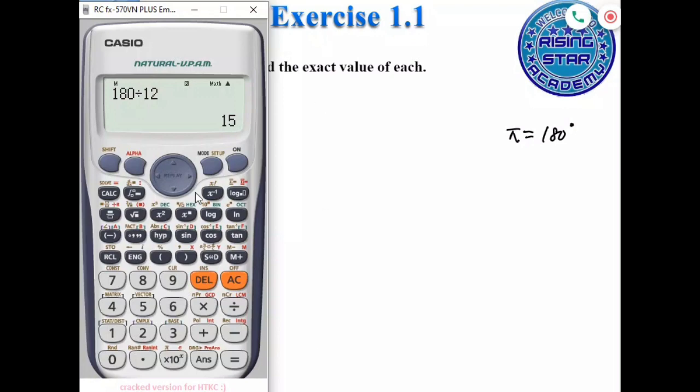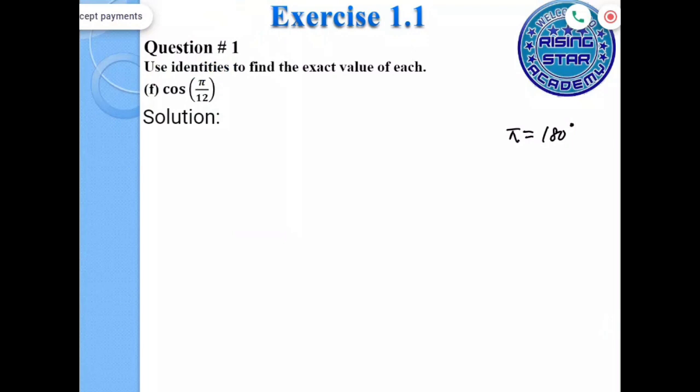So it means we need the multiples of 15 to make 15. The multiples of 15 are 15, 30, 45, 60, 90. So we need to make 15 degrees. That means we are going to make cos of 15 degrees in radians.